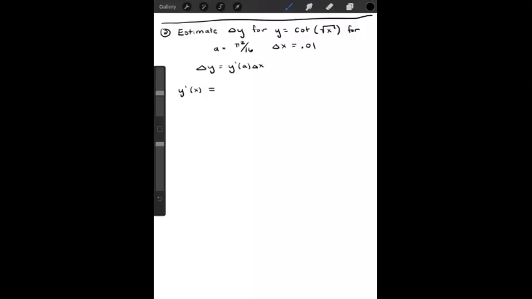Right, so that's another chain rule, right? We're plugging something into another function.